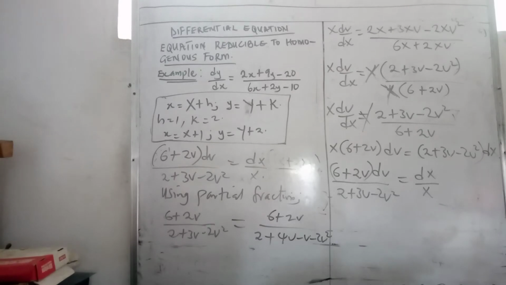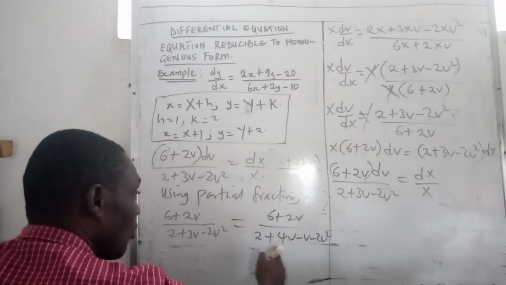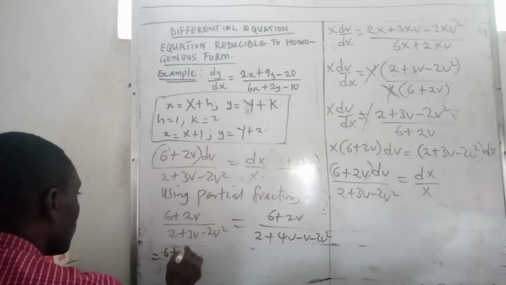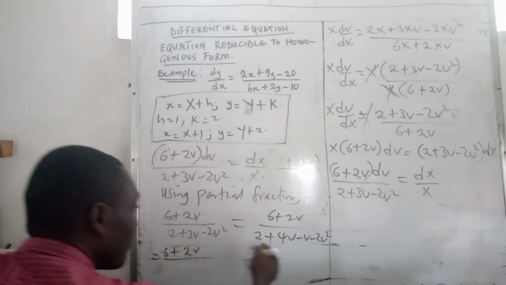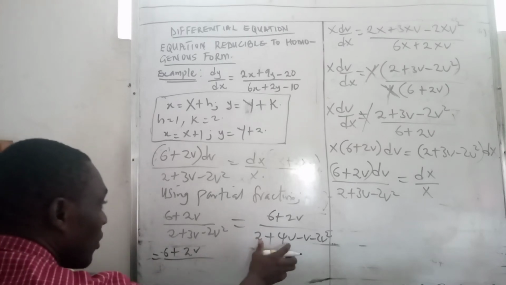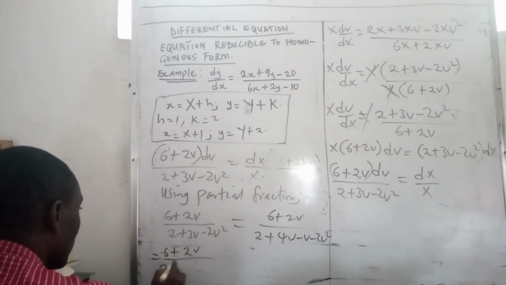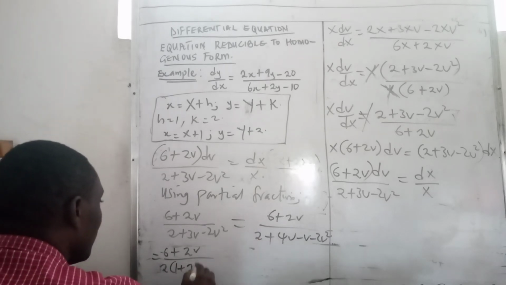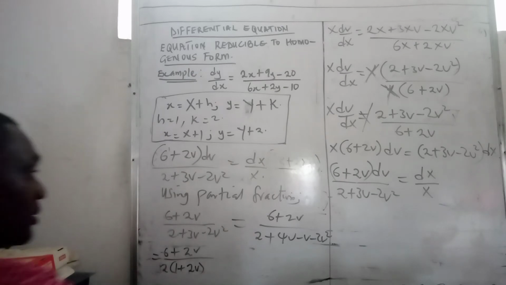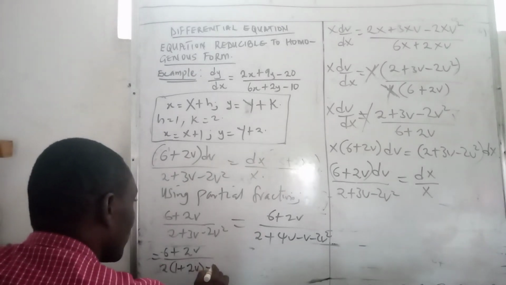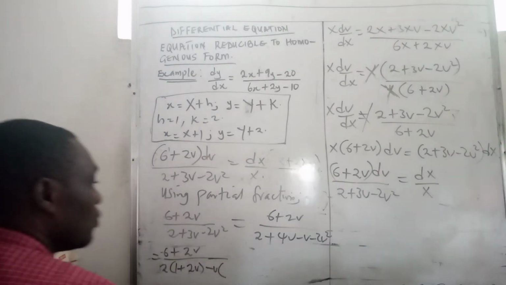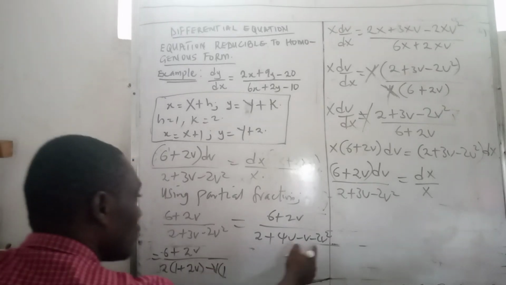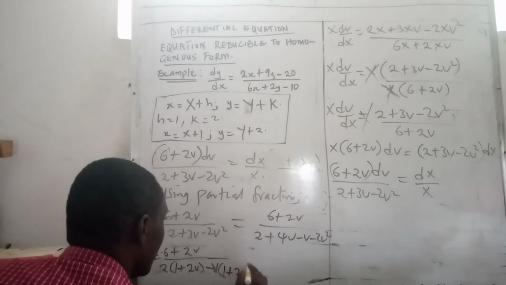Now what I'm going to do is this. So on factorizing this, what's common to the first two terms is 2, so I'm left with 1 plus 2v. And what is common to the last two is minus v, so when this goes into this, I'm left with 1, and when this goes into this, I'm left with plus 2v.